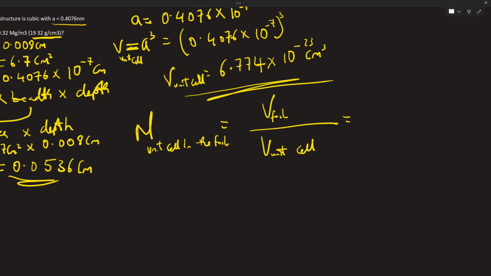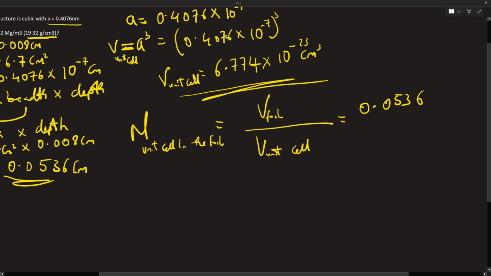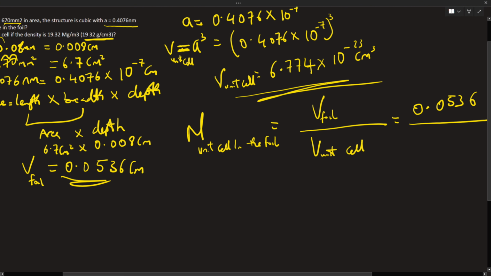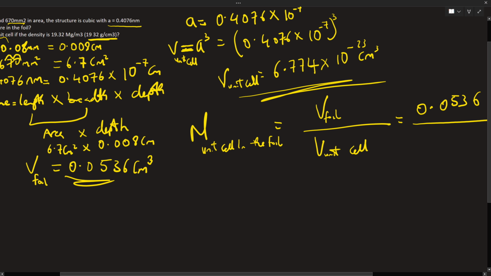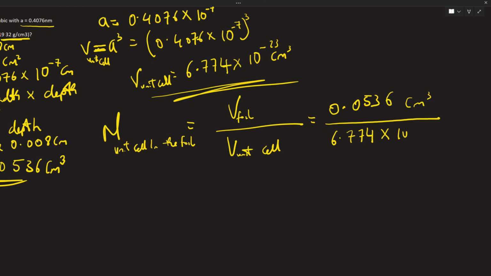We have volume of foil equal to 0.0536 centimeter, sorry, this is volume, so it has to be cube, take note of that, centimeter cube, over 6.774 times 10 raised to the power minus 23 centimeter cube.